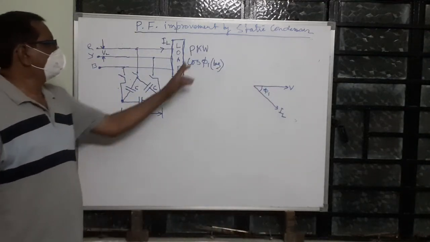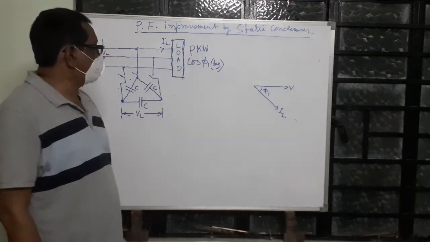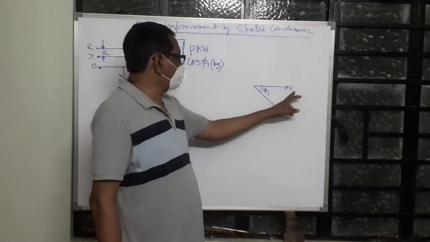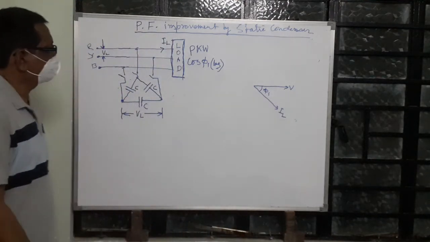With respect to voltage, as the power factor is lagging, we draw the current lagging at angle phi 1.